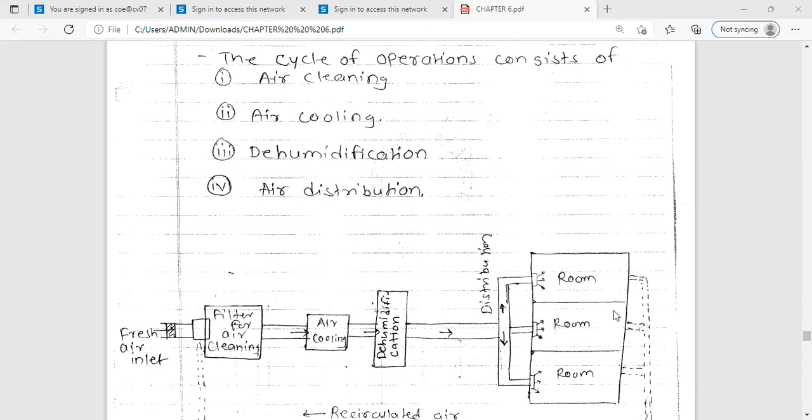Here, in the different rooms of the particular building, in those units we have to provide good quality or pure air. Its temperature is maintained, its humidity is maintained, as well as its purity is also maintained. So to provide such kind of air, we have to go for this cycle.